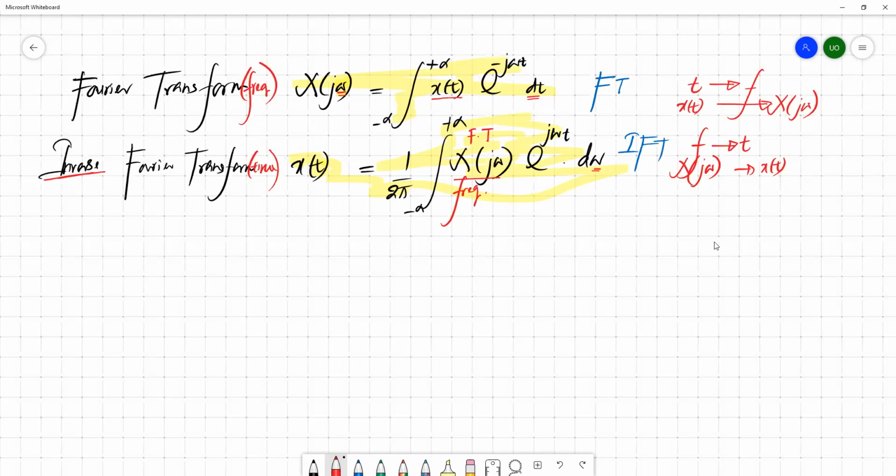So no need to memorize this. This is your Fourier transform and this is your inverse Fourier transform. If you want to evaluate the Fourier transform, just evaluate this integral. If you want to get the inverse Fourier transform, you should know the Fourier transform of the function. Then only can you get the inverse.